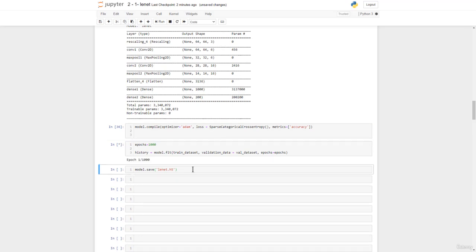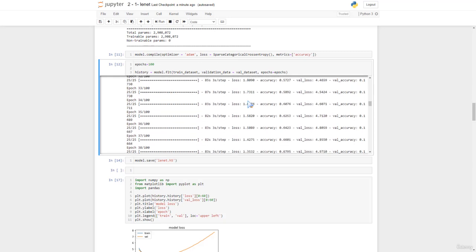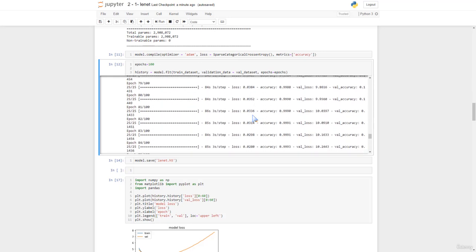and training begins. After training for over 100 epochs, we have the following results. We see that the loss reduces up to a loss of 0.013, while the accuracy increases up to 99.96%.